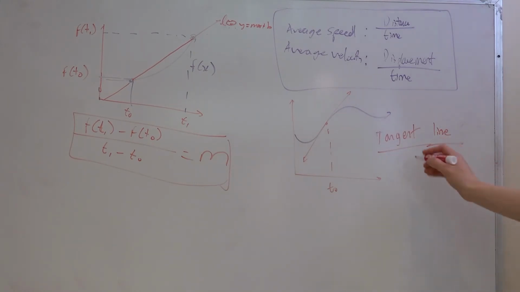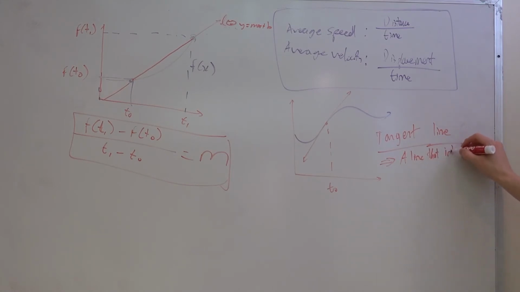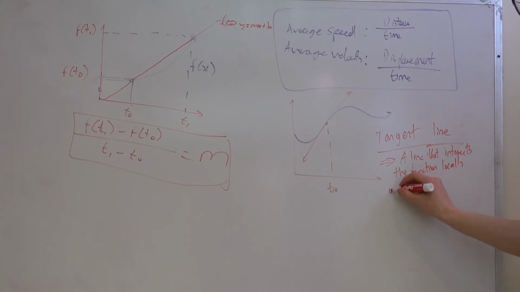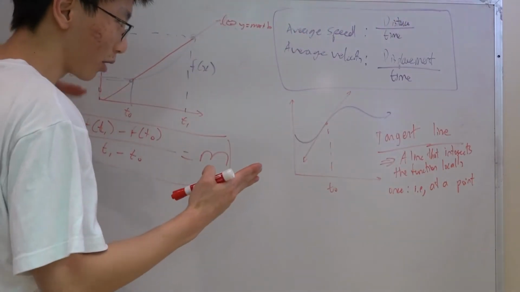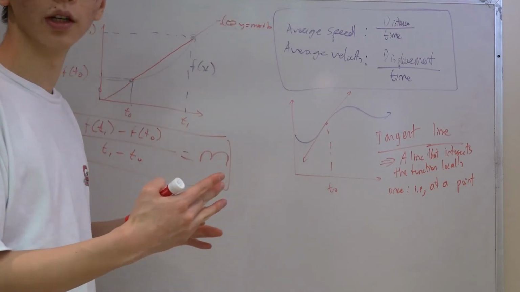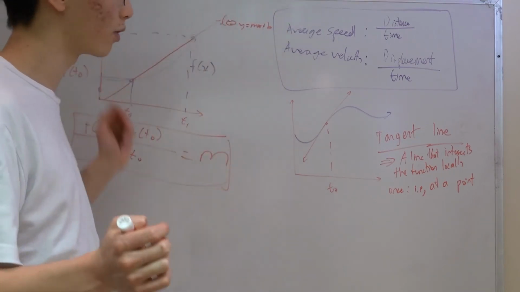So all this means is a line that intersects the function locally once, i.e. at a point. This just barely grazes the surface of the function. It just touches it once and then it's gone forever.